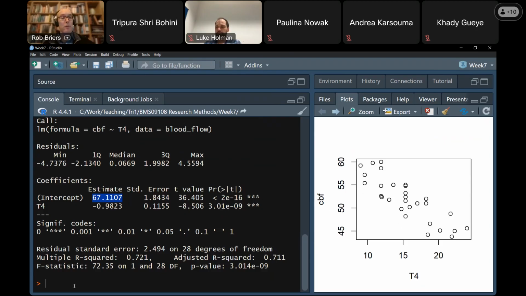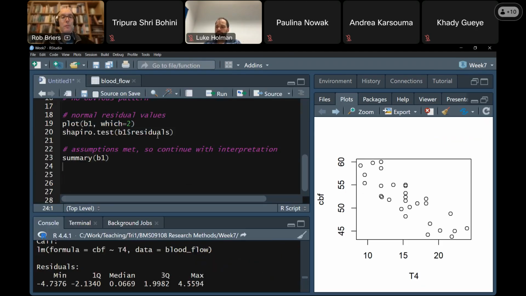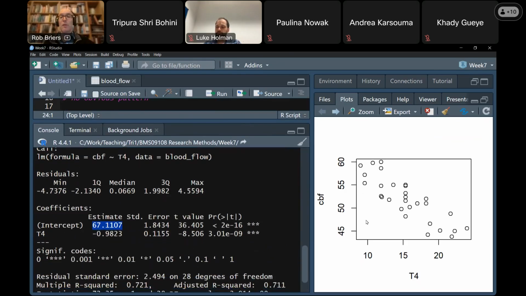So actually, it might be easy just to show. What that means is that if you took that axis back to 0, then that line would cross at about 67. So that's where that line would cross if you went back to a value of T4 of 0.